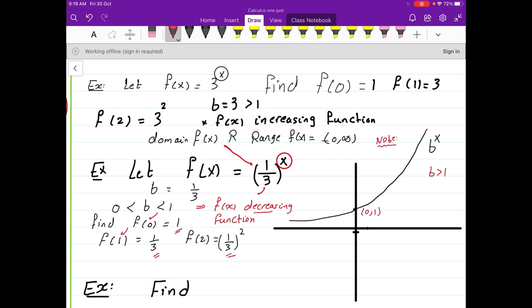But when b is between 0 and 1, the graph of the function looks like this. So this is the graph for b to the power x.